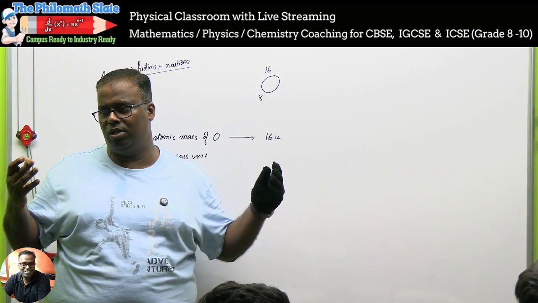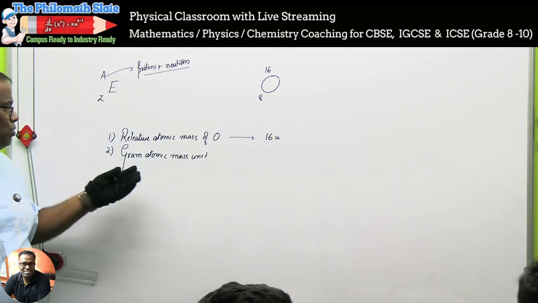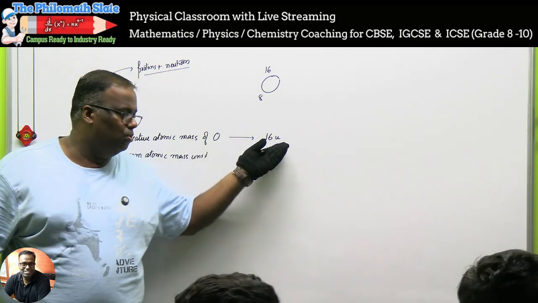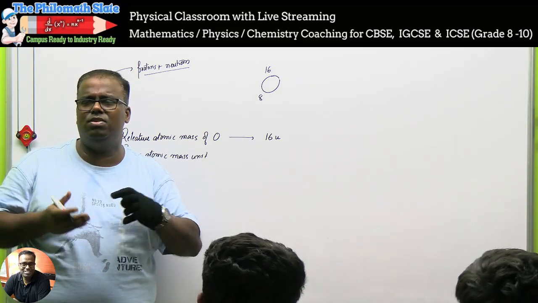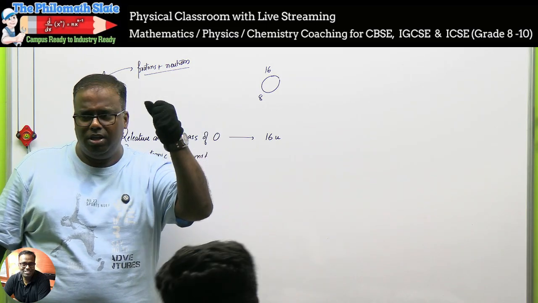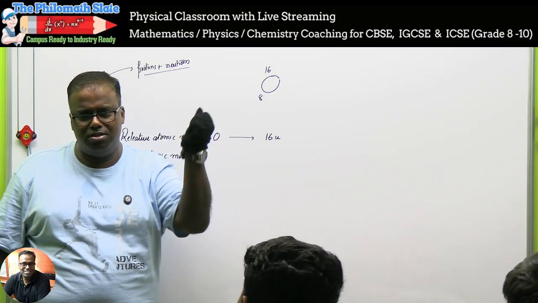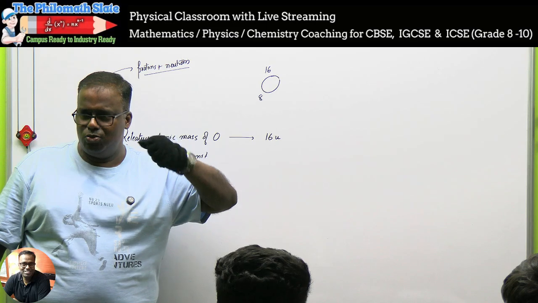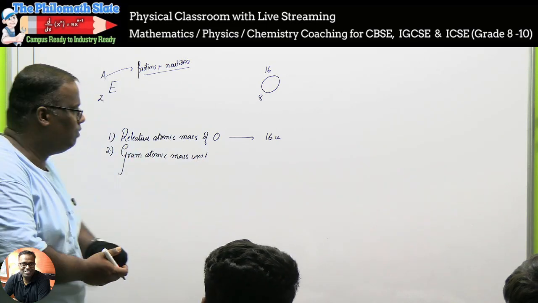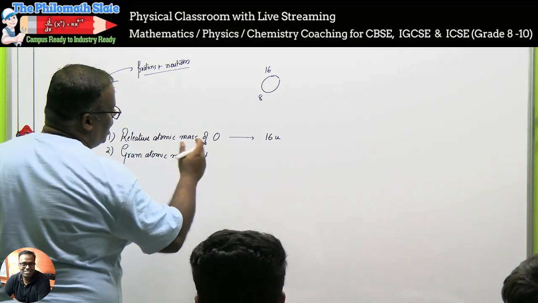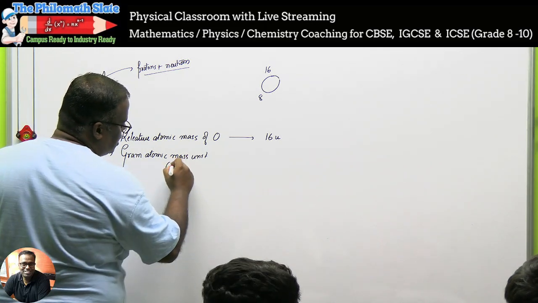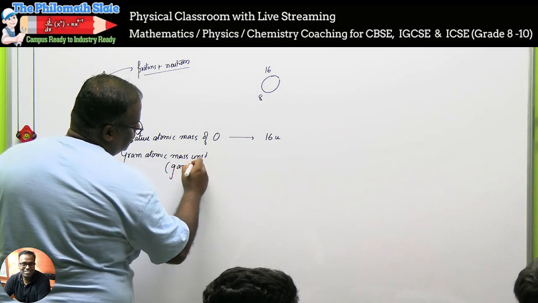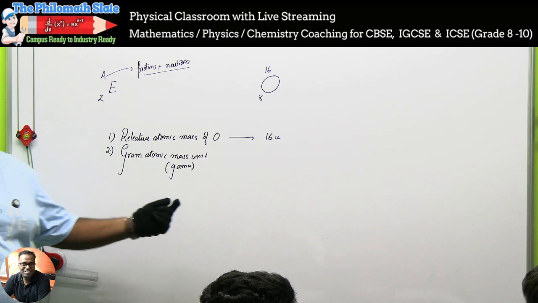Everyone loves to call themselves something grand. So when it comes to this 16 U, as scientists, it doesn't give us any feel of weight. So we need some weight feeling. To give that, we introduce another unit called gram atomic mass unit, which we also call GAMU. GAMU. Understood?